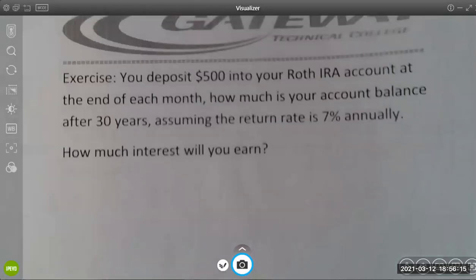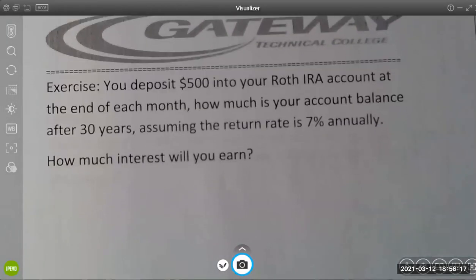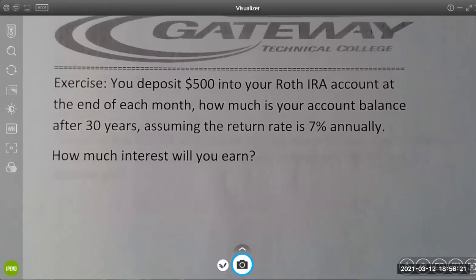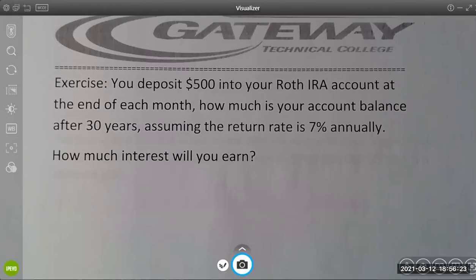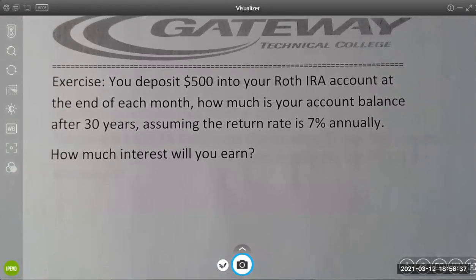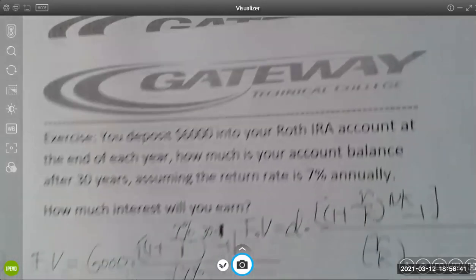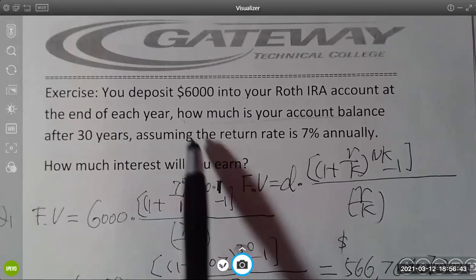Now another one. This time you deposit 500 into your Roth IRA account at the end of each month. How much is your account balance after 30 years, assuming you get 7% annually, and how much interest will you earn? If you pay enough attention, you would notice that everything is the same.